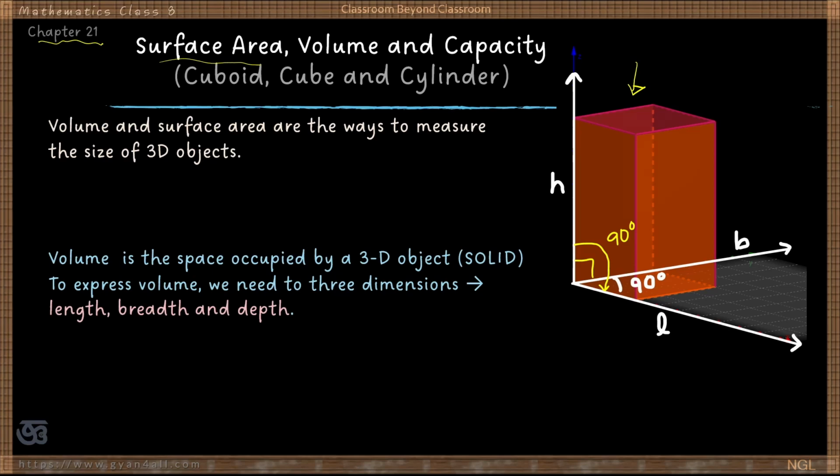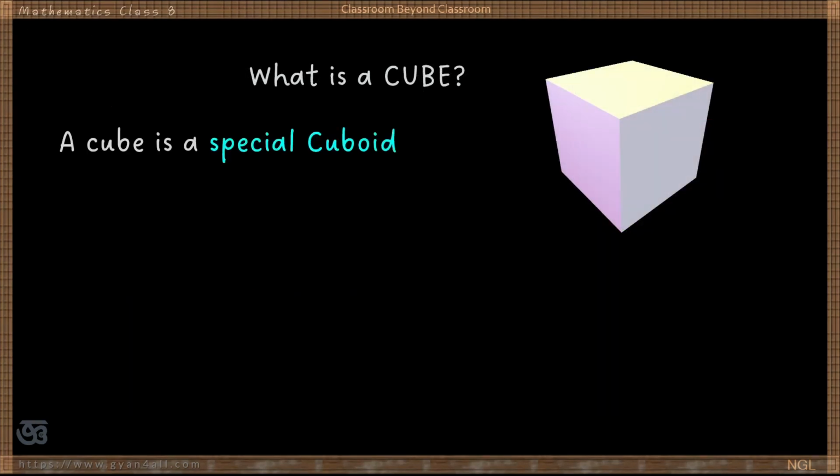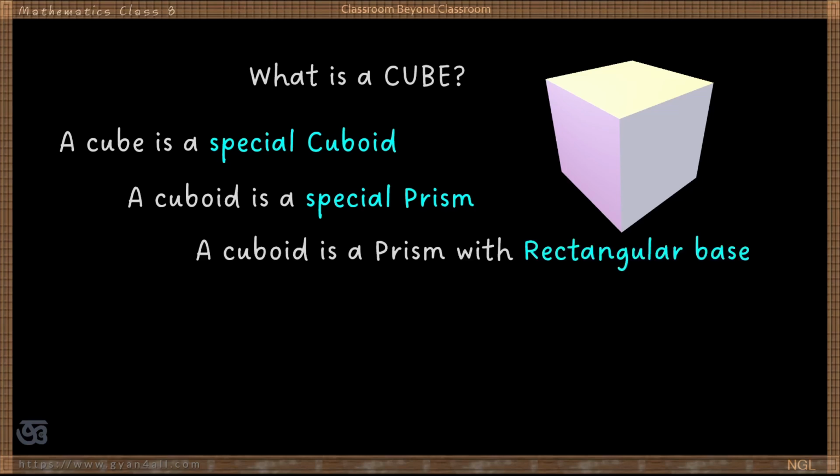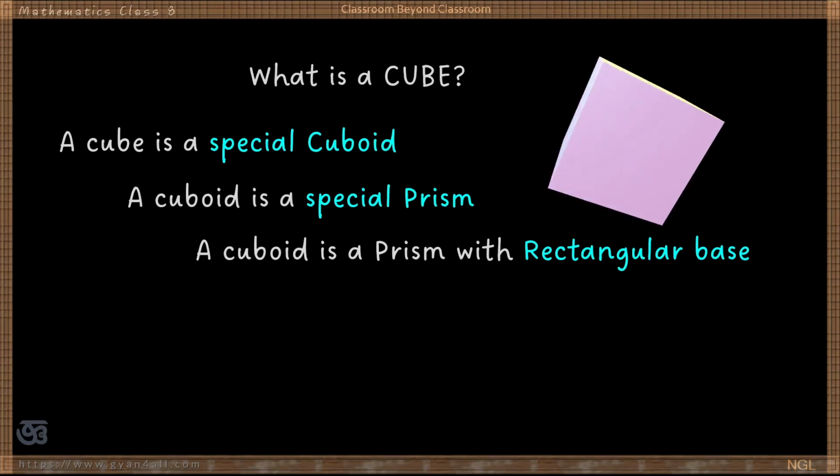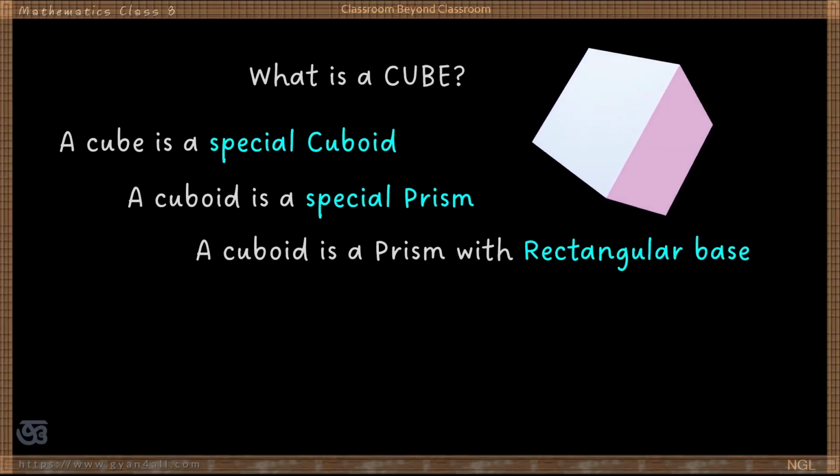Now, what is a cube? A cube is a special cuboid, and a cuboid is a special prism. A cuboid is a rectangular prism. A cube is a 3D figure having three mutually perpendicular dimensions of equal lengths.